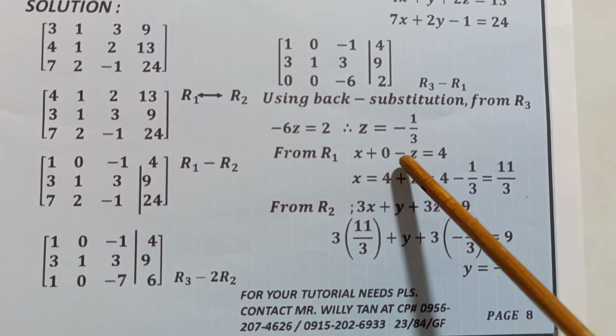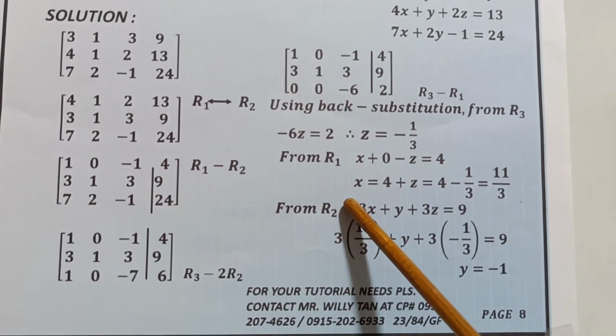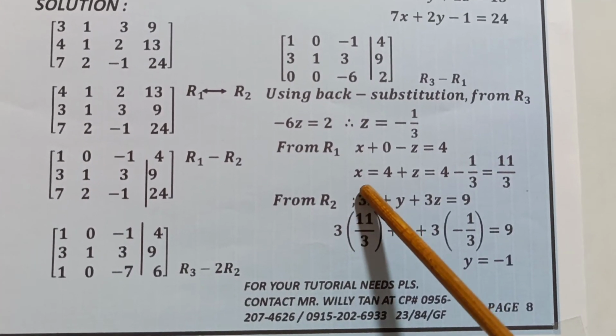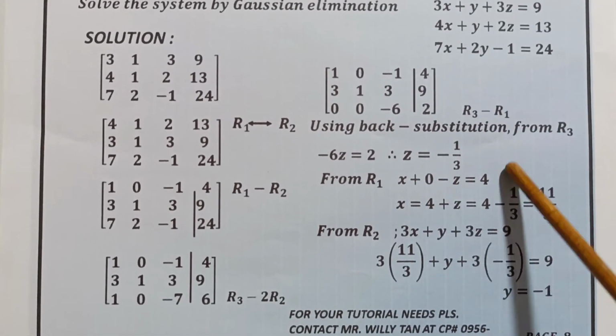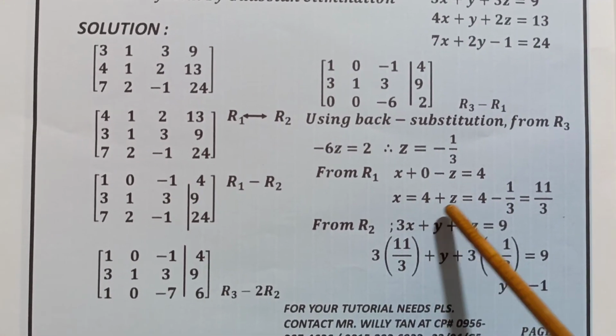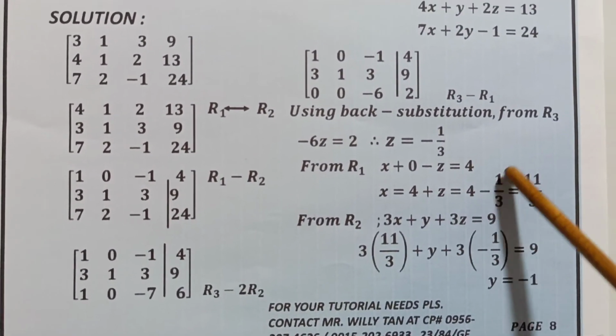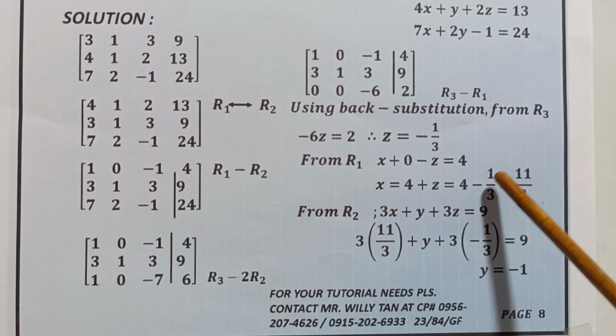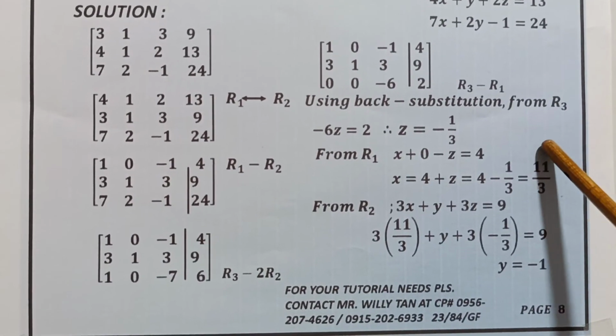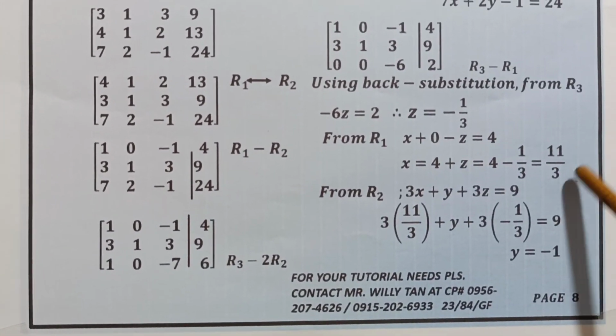So we have for the value of x, x is equal to 4 plus z, we change the sign here. 4 plus z is equal to 4 minus 1/3. So this one is 12 over 3 minus 1 over 3 is equal to 11 over 3. So the value for our x is 11 over 3.